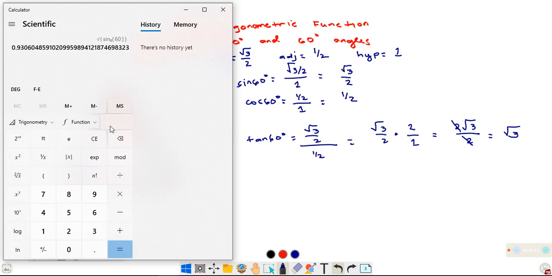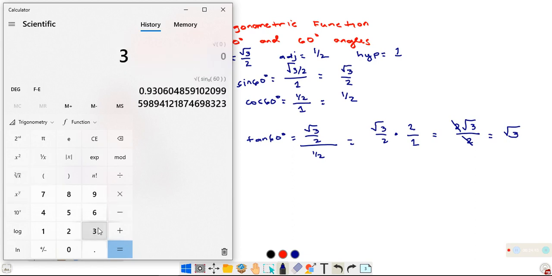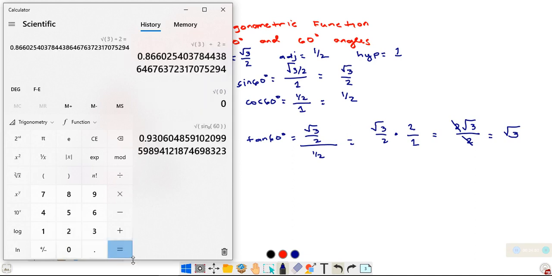So, we have square root of 3, 1.7321 divided by 2. So, they are about 0.8660.